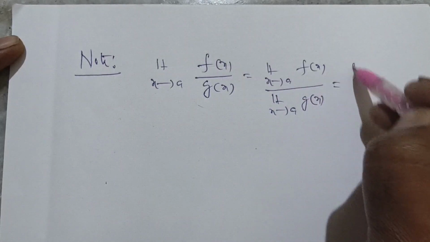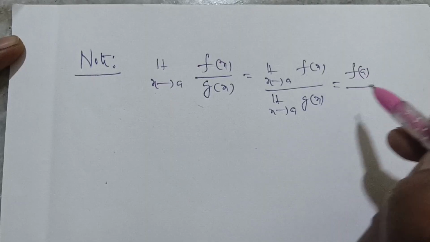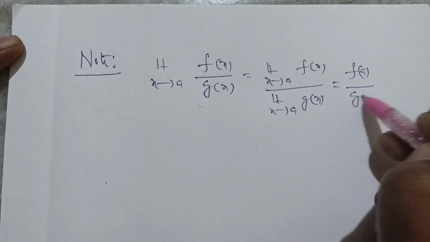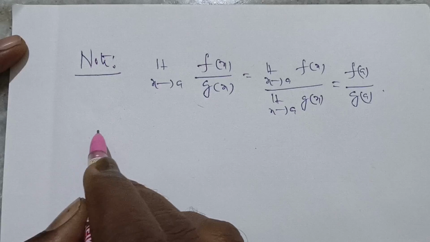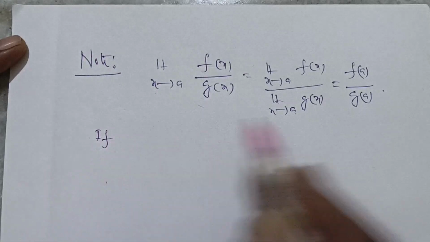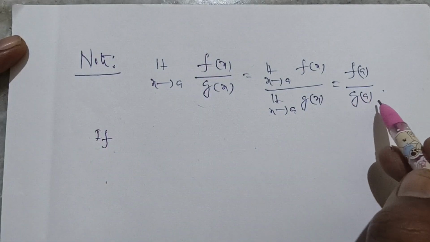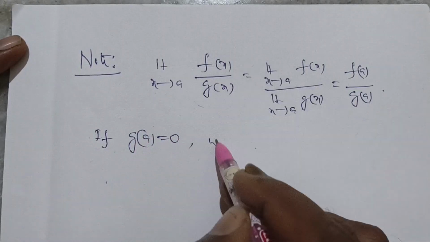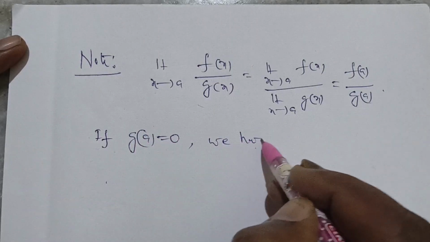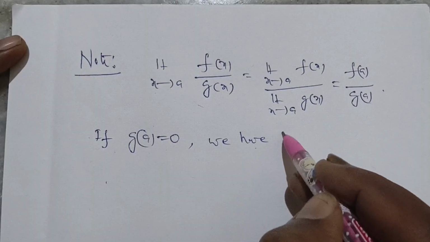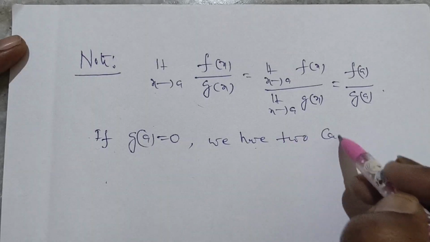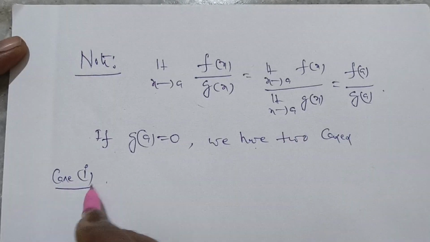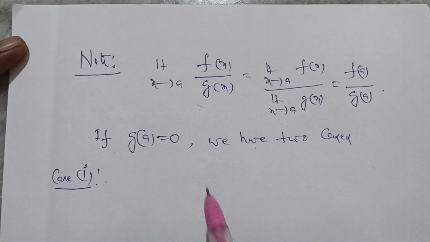If you apply x equals a in the given function f of x, then it is f of a by g of a. Here, if g of a equals 0, that is, the denominator value is 0, along with that we have two cases for numerator.